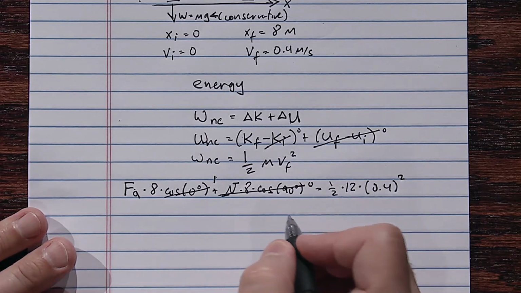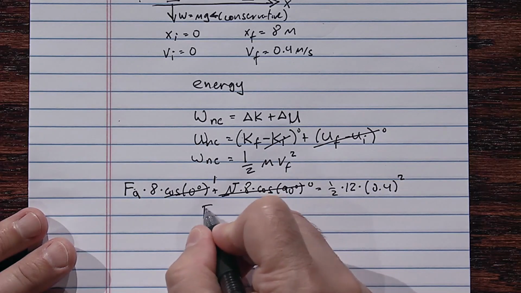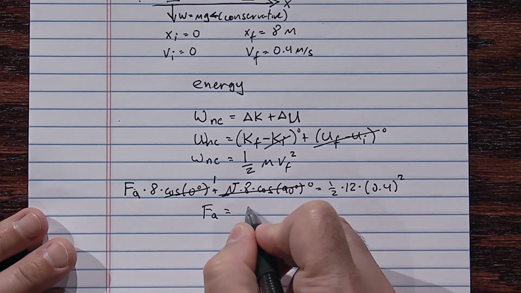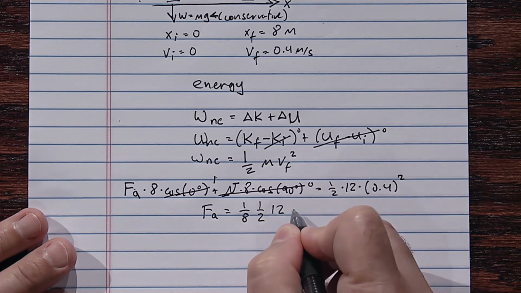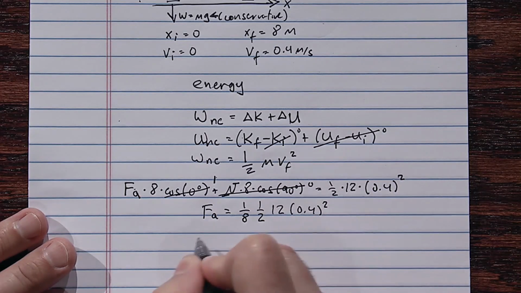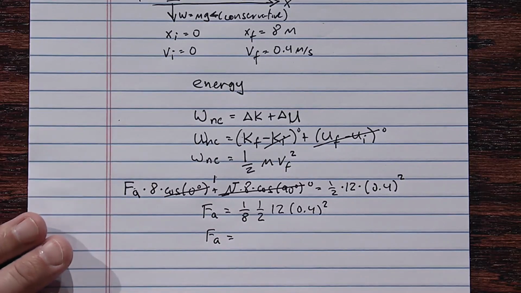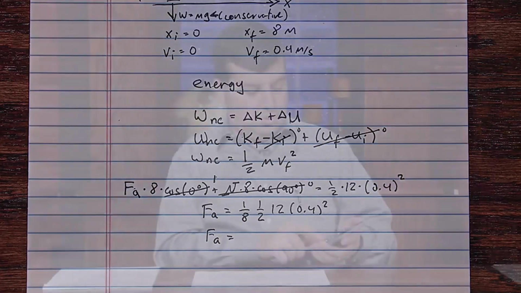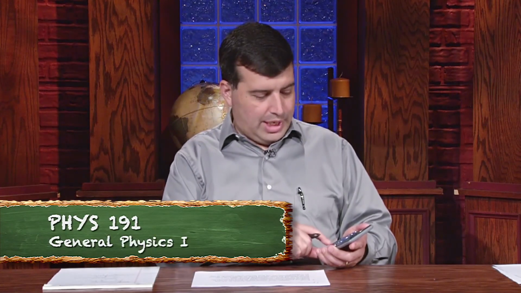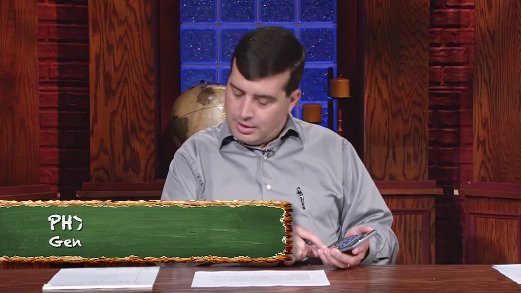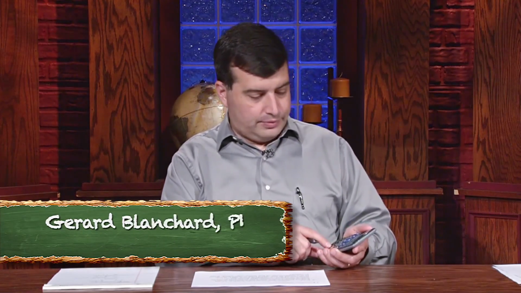I'm going to divide through by 8. Divide both sides by 8 to get the applied force is equal to 1/8 of 1/2 of 12 times 0.4 squared. Or the applied force is equal to 1/8 times 1/2 times 12 times 0.4 squared.